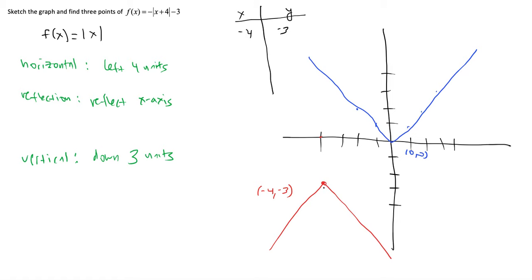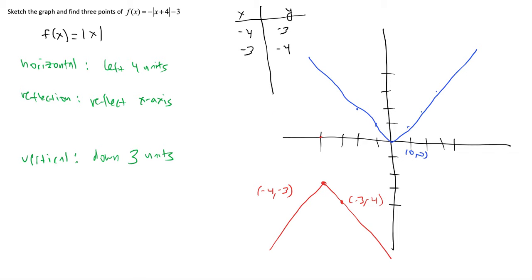So the best thing to do is always pick a point right next to it. So let's try negative 3. What happens when you plug in negative 3 in here? Well, negative 3 plus 4 is 1. The absolute value of that is just 1 times negative 1 minus 3, we get negative 4 here. So when x is negative 3, this point here should be negative 4, which we sort of expect, right? Negative 3, comma, negative 4.